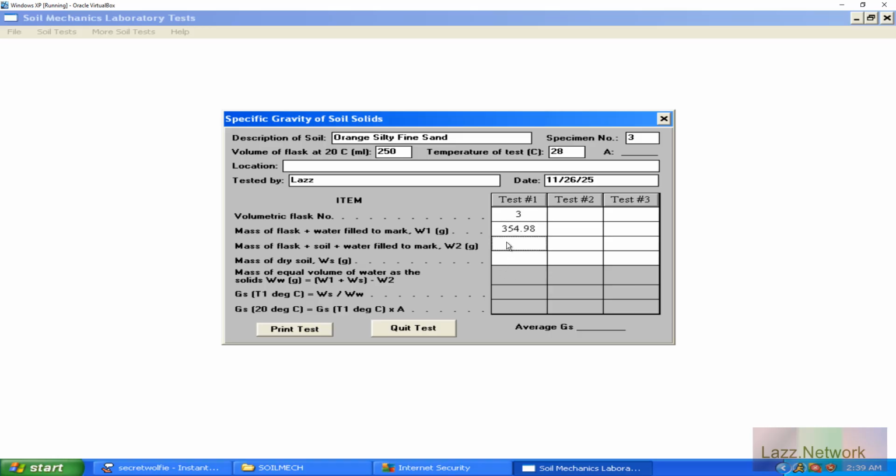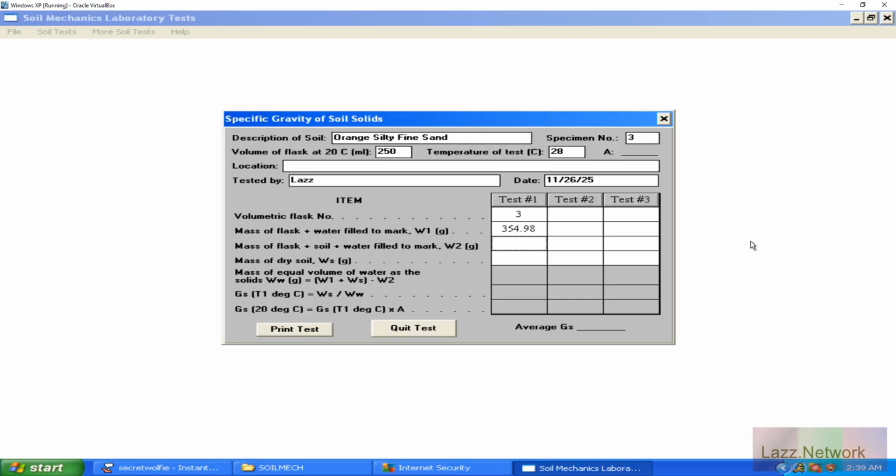All right, and now we have the mass of flask plus soil plus water filled to the mark. So this is with us introducing our soil into the pycnometer. We added our deionized water, and then we've boiled it or conditioned it however we had to.